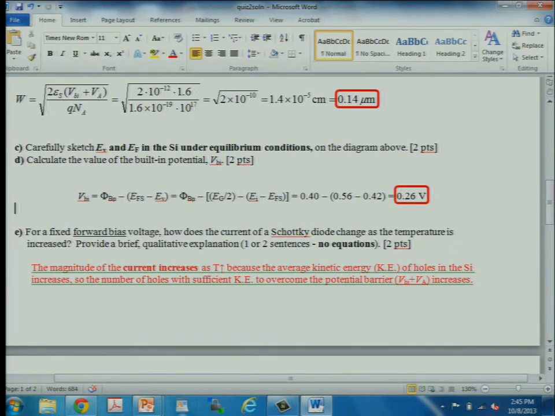Unless it's very heavily doped, then it might increase around 300 Kelvin. So even for 10 to the 17, around 300 Kelvin, mobility decreases as you increase temperature. So if you use mobility as the reason, mobility actually decreases with increasing temperature, so the current should decrease. So as long as you're consistent, if you said current decreases because mobility decreases with increasing temperature, then you would get full points. But if you said something that's not consistent, then maybe 1 point out of 2.